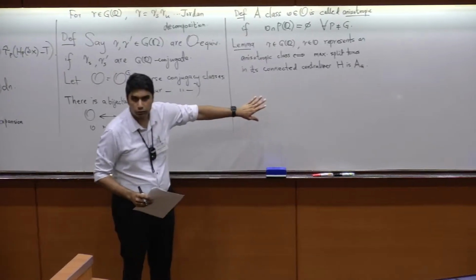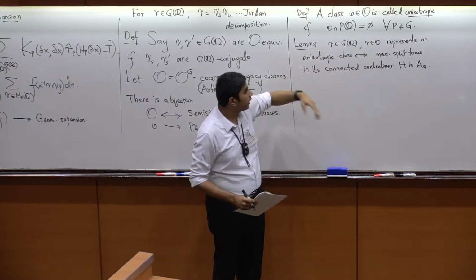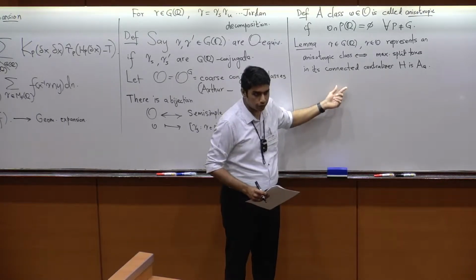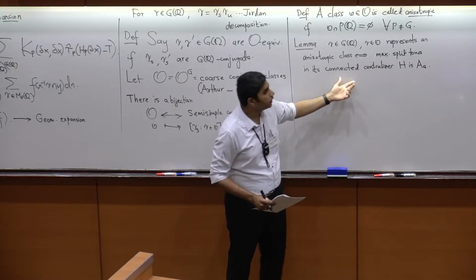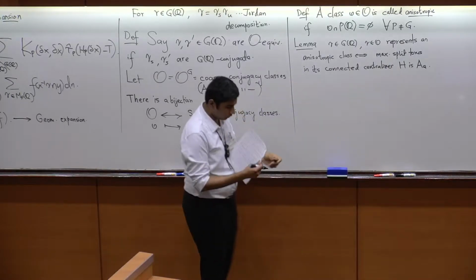In our case, the SL2 case, A_G is trivial. So you take a gamma and compute the centralizer inside G and take the connected component of that. In SL2 you don't have to take the connected component, it's anyway connected. Then take the maximum split torus, and it has to equal 1 in the case of SL2.